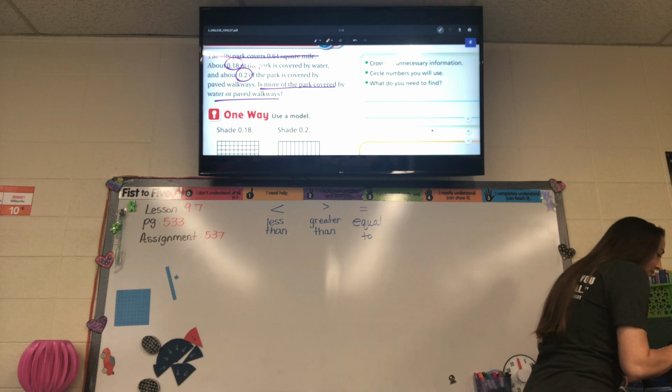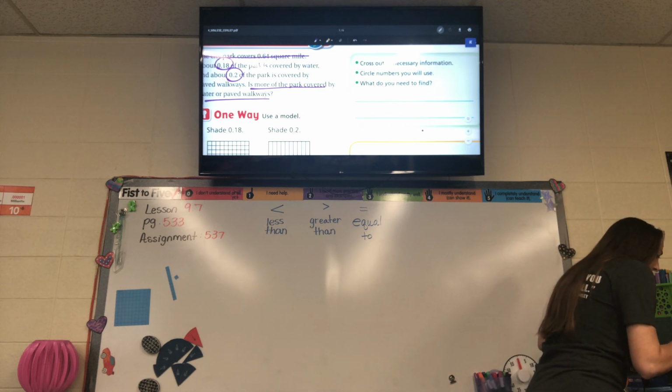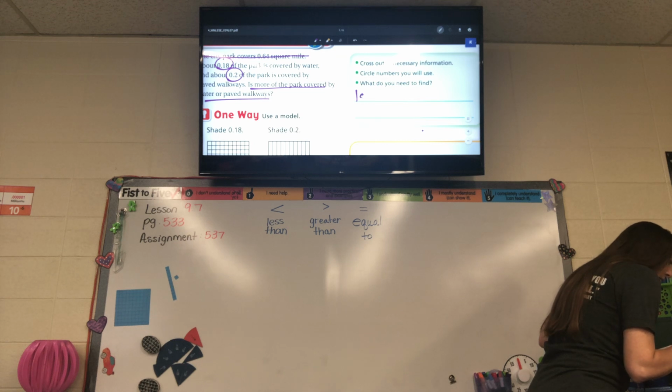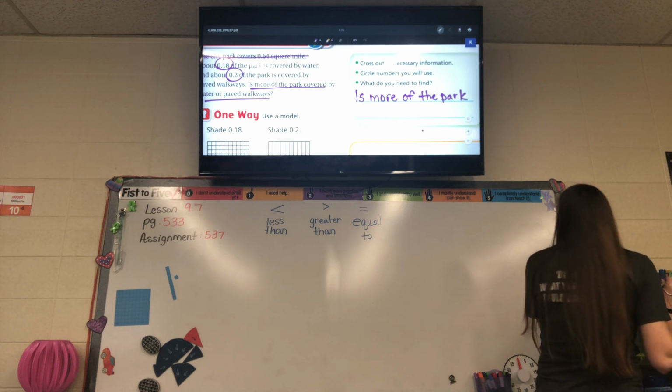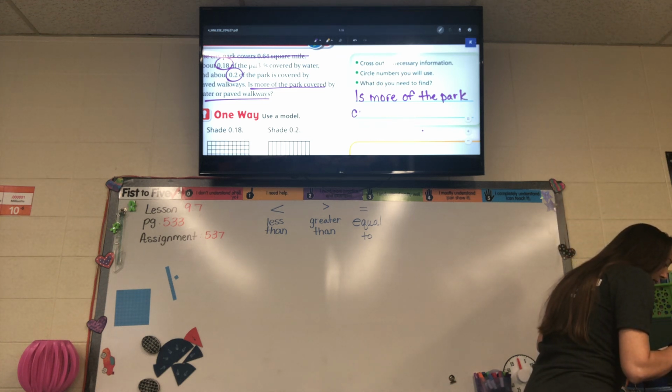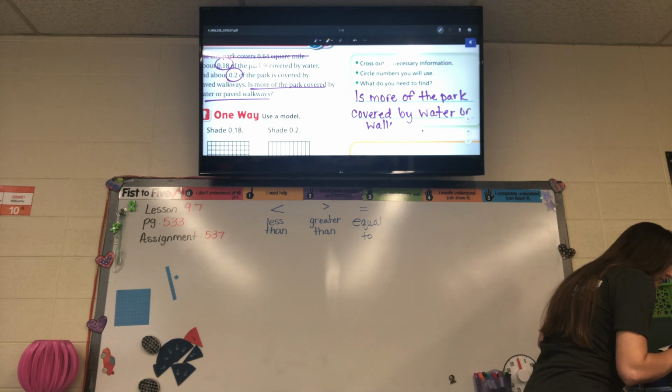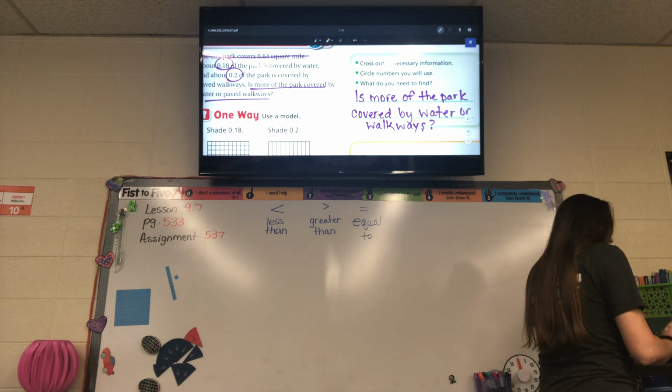So we'll write down here: is more of the park covered by water or walkways.